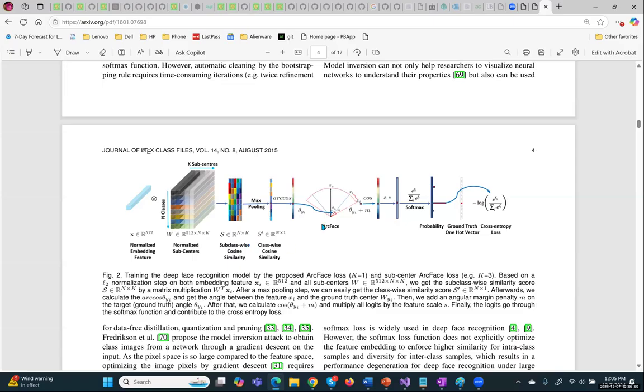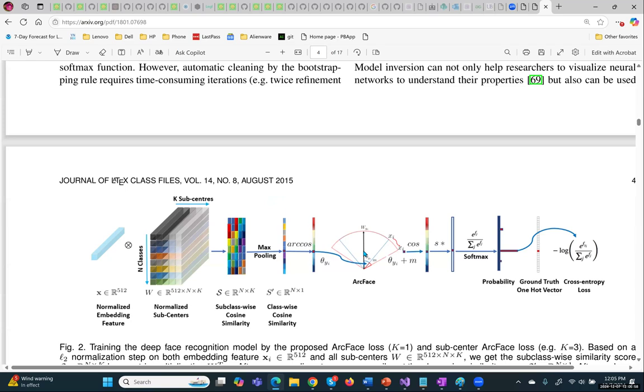In this margin, M margin, you'll see, let me see if I can make this picture bigger. Okay, so you'll see this is the normal angle for the ith class, and then M will further push it away. Okay, so that is the general idea.